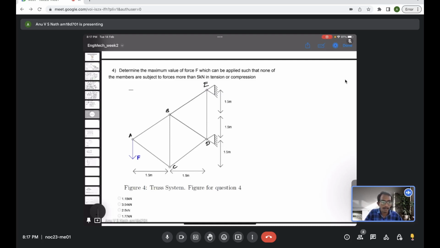Any response? Has anyone found something, any reaction forces or internal forces: AC, AB, BC?